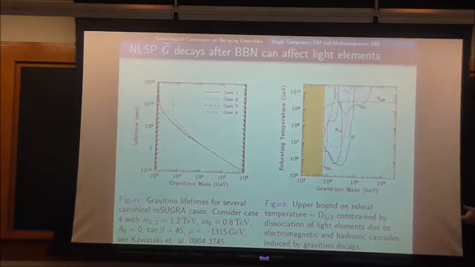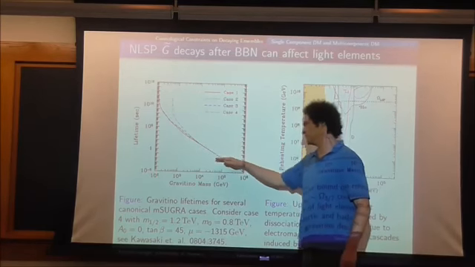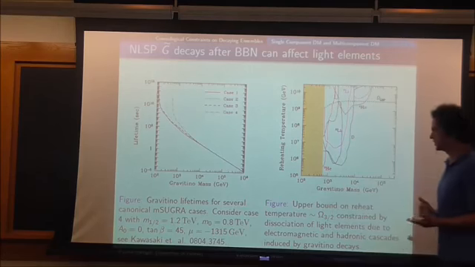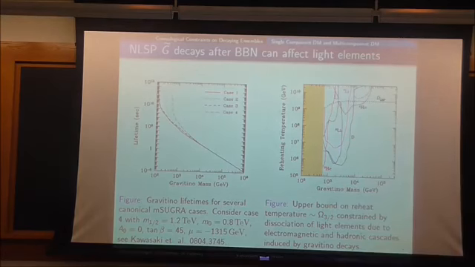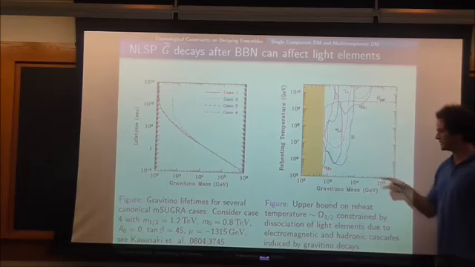And so you get figures like this one on the right, where if you're past the weak scale, you're pushing your lifetime down before BBN, so you don't have to worry about it. But as you bring it down, you start running into constraints from all these different light elements.